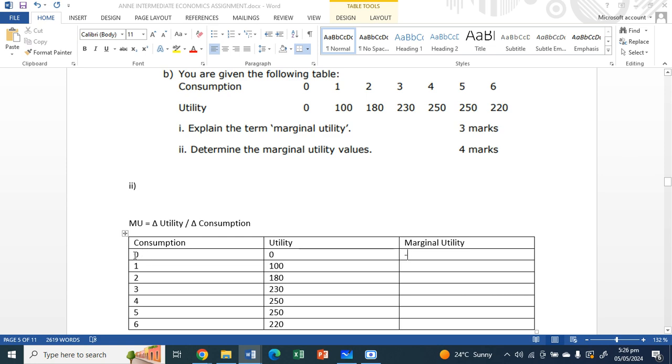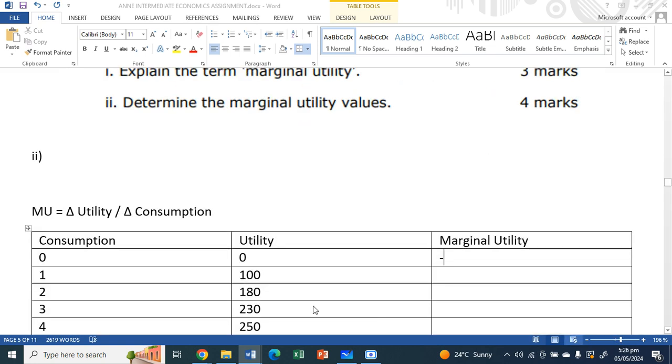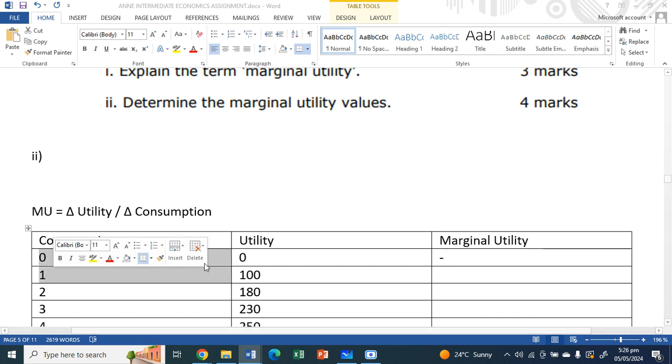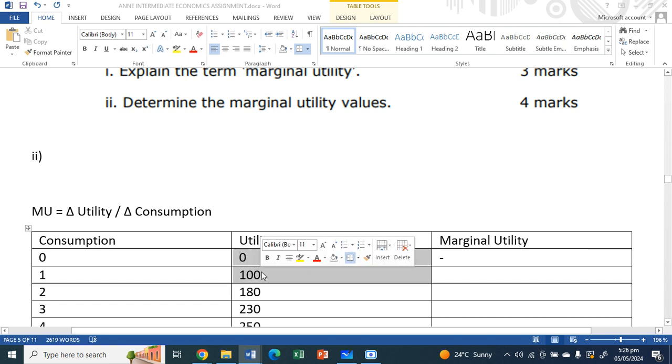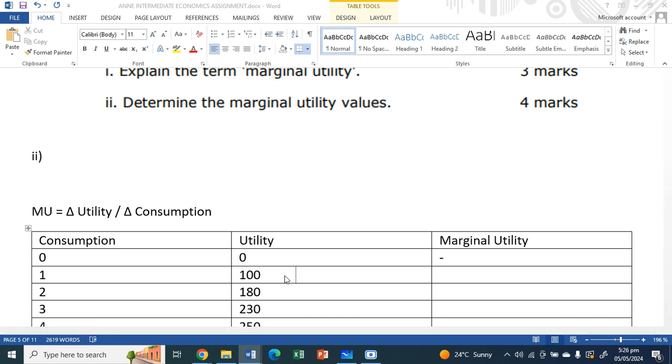Now, when we change consumption from 0 units to 1 unit, our utility is going to increase from 0 to 100. So what you're supposed to do, you record the new utility, which is U2, and then the initial utility, which is U1.